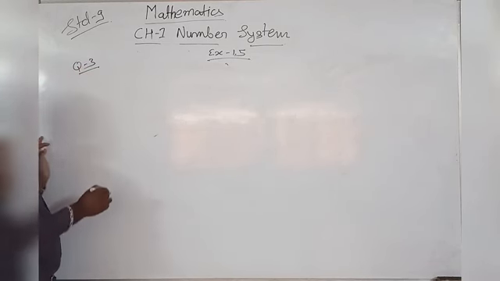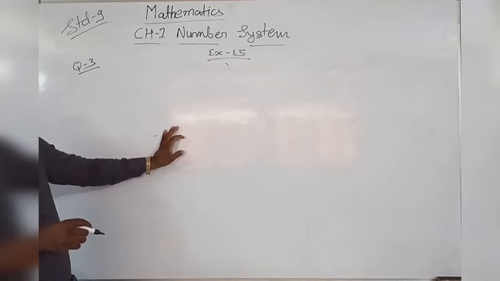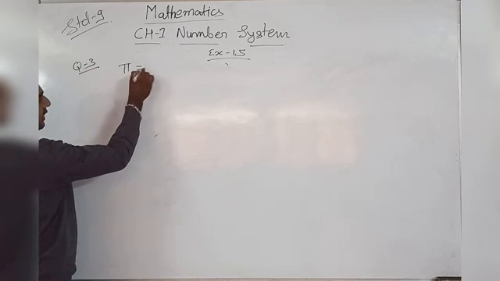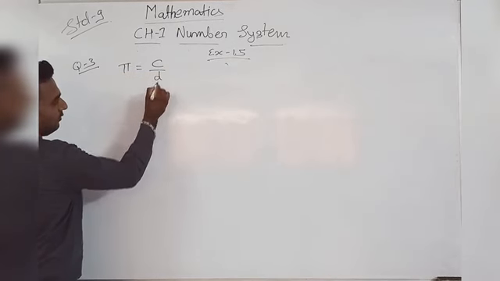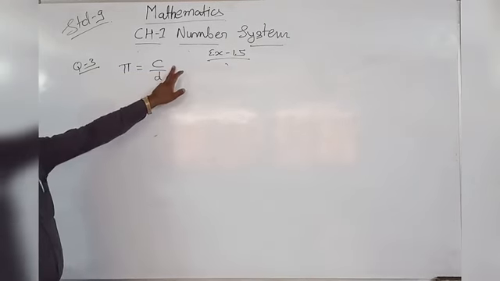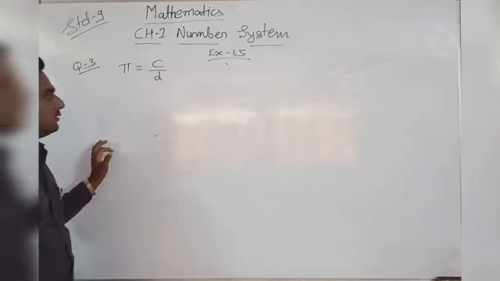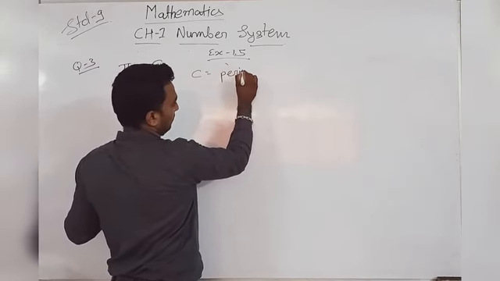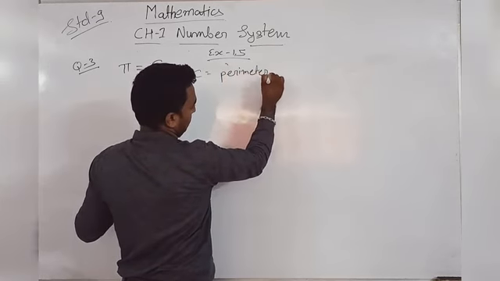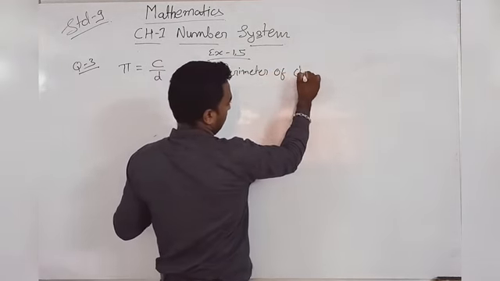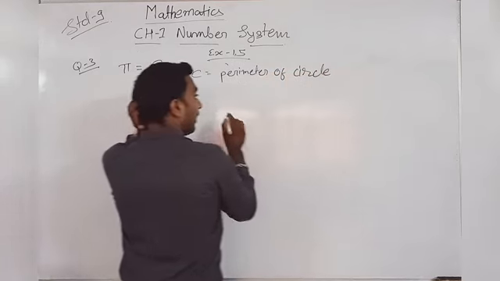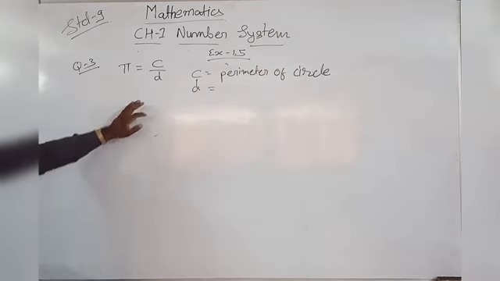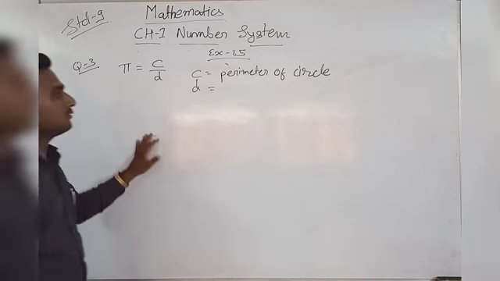We know that the value of pi is equal to C upon D. Okay, C is the perimeter of the circle, and D is the diameter of the circle.